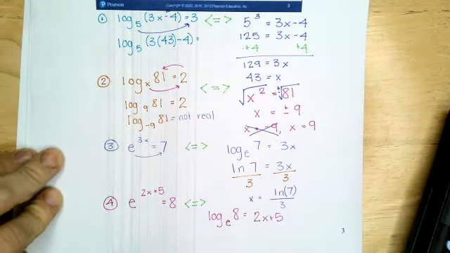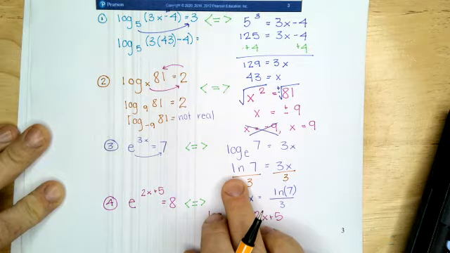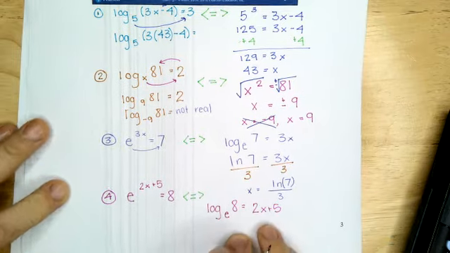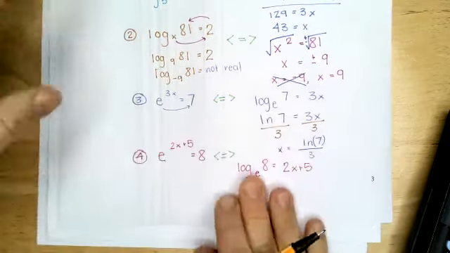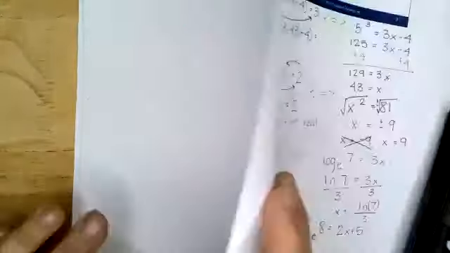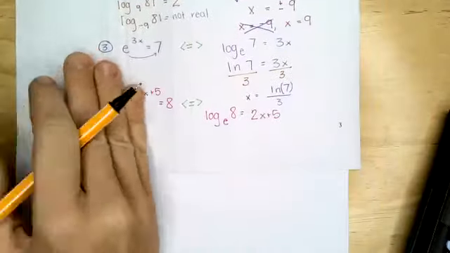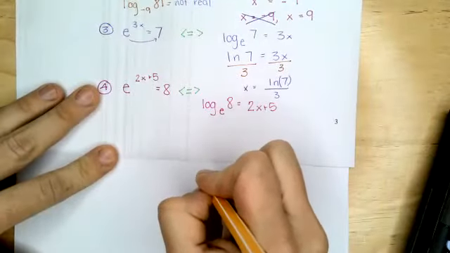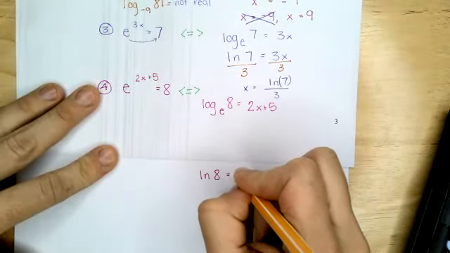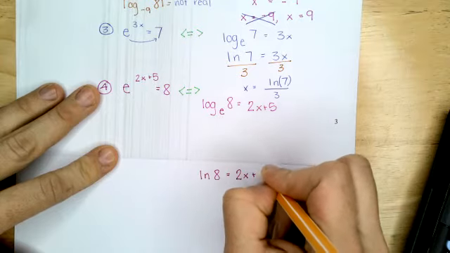Good. Just like we did with this, we're going to take log e and turn it into the natural log. Now I have the natural log of 8 is equal to 2x plus 5.